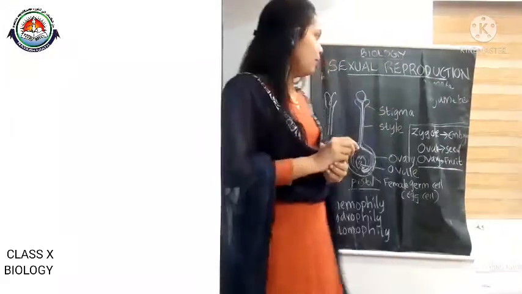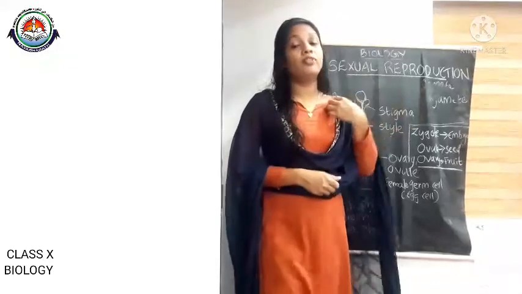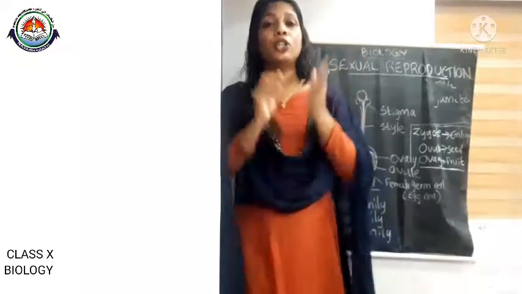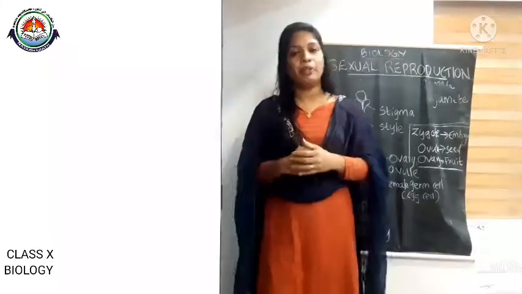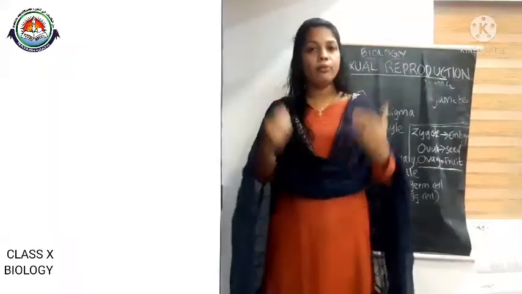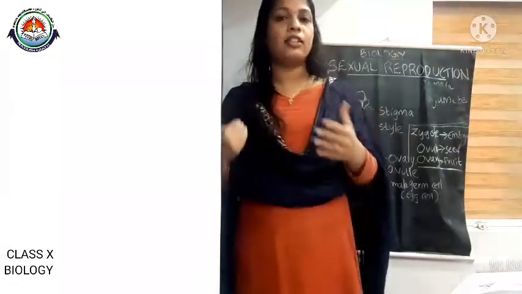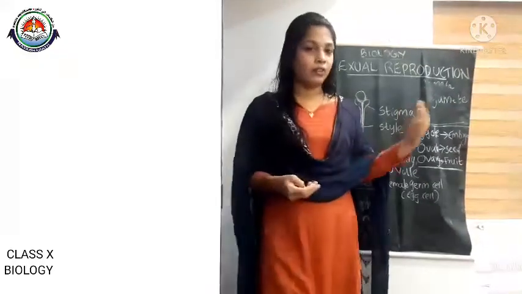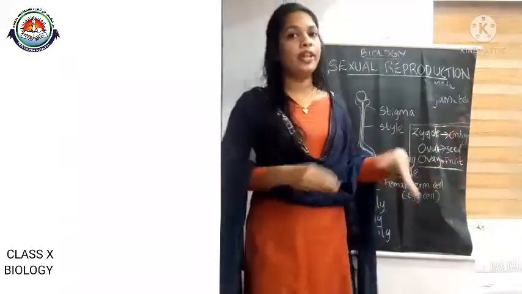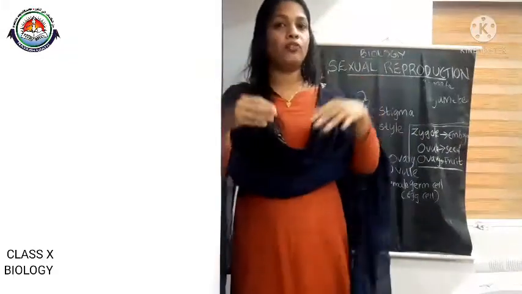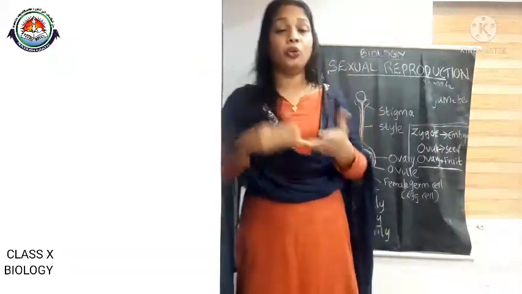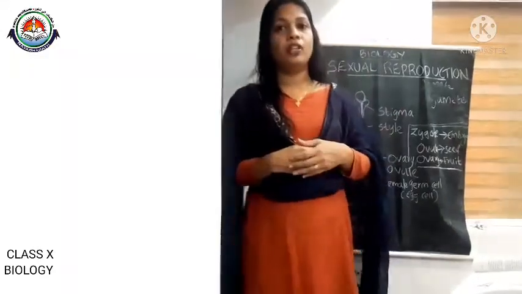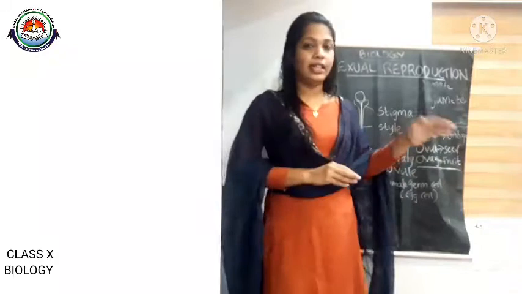So this is about sexual reproduction in flowering plants, and the next topic is sexual reproduction in human beings. We know that as we age, lots of changes occur in our body. For example, in childhood our body is different, and in the stage of a young adult or old age, our body will have changes.